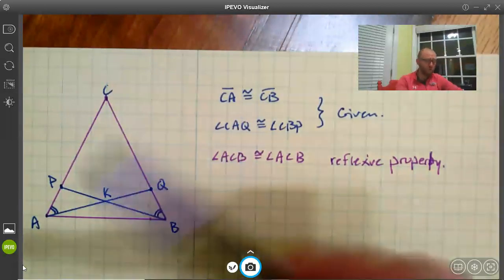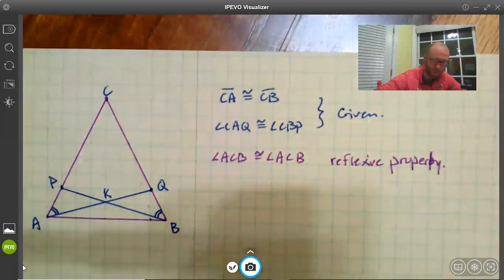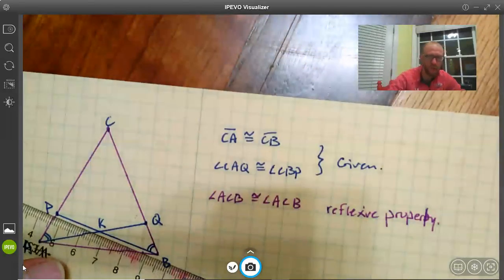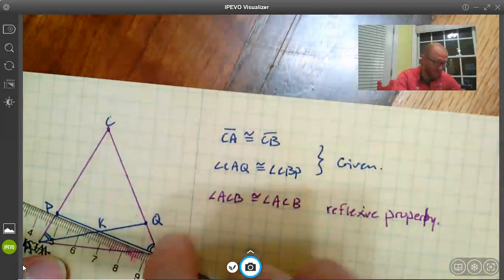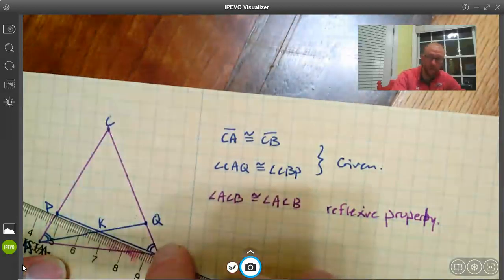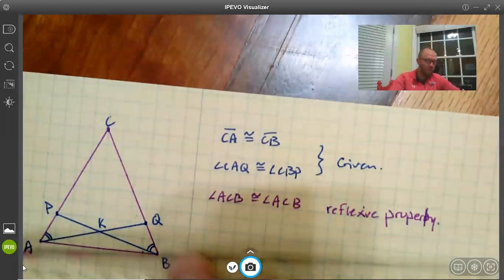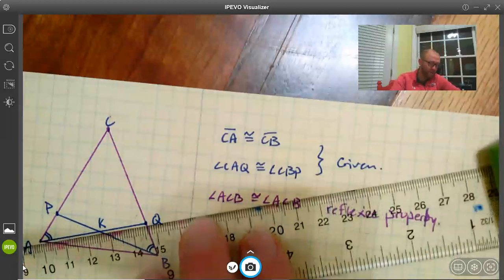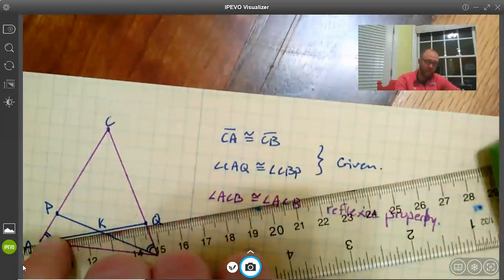Why is that important? Well, because that gives us angle, congruent, and then I have all the way down side, and then I have angle in the corner: angle, side, angle. And then on the other side over here, it's the same angle, the same side, and then the same angle down in the corner.